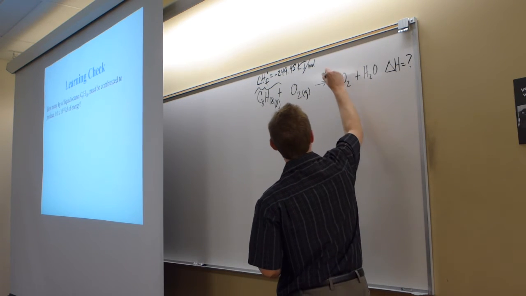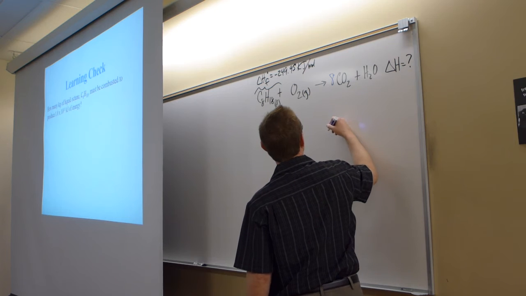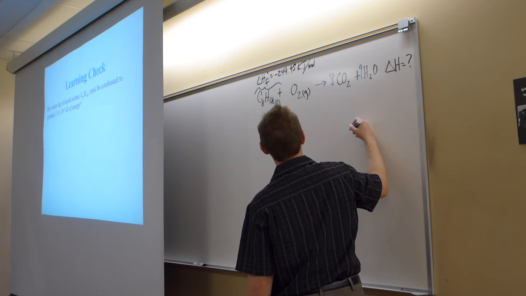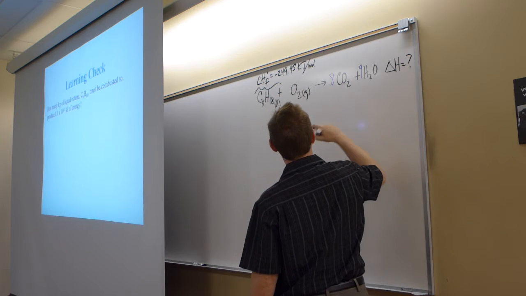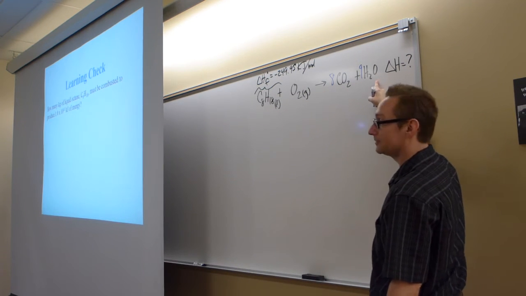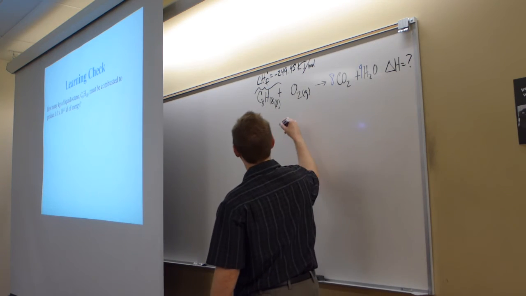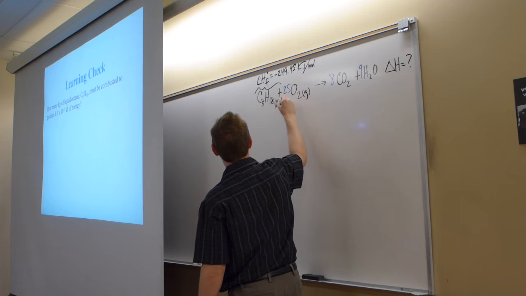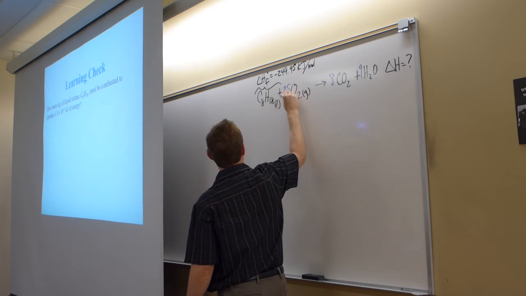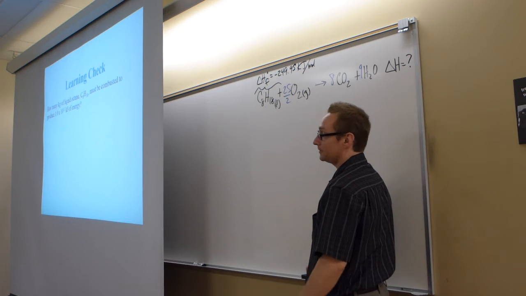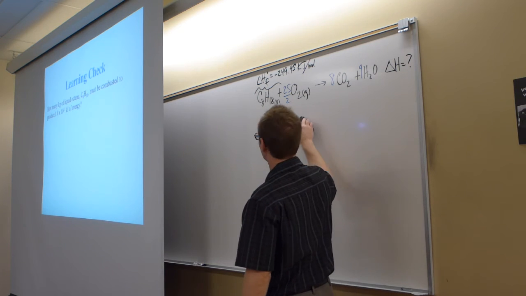C8, we have 8 carbons. We have 9 oxygen, 18 hydrogens. 16 plus 9 is 25 oxygens. So we have 25 there, or well, 25 halves. We could leave the half in there if we want, but we don't like fractions generally.